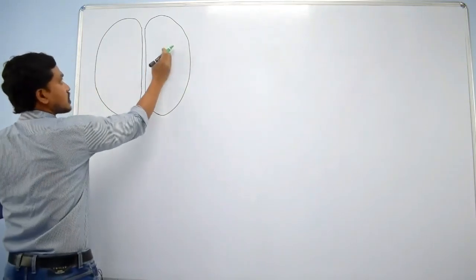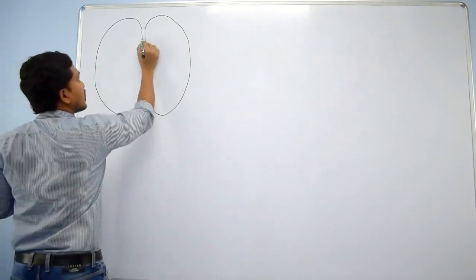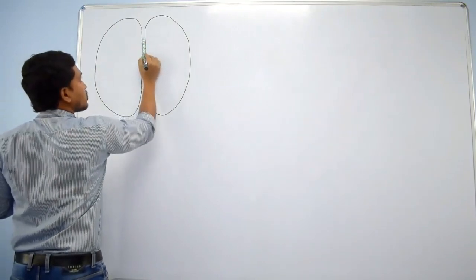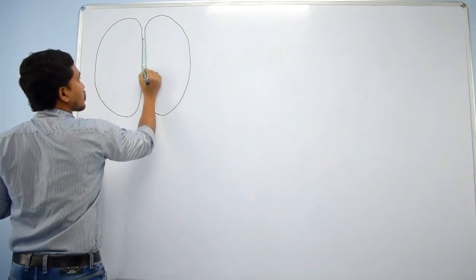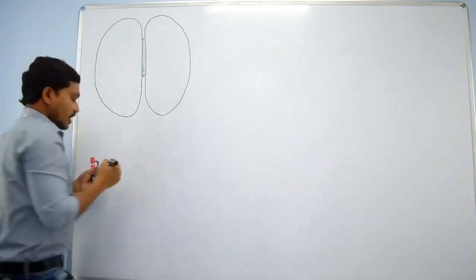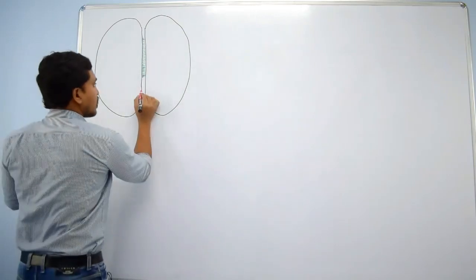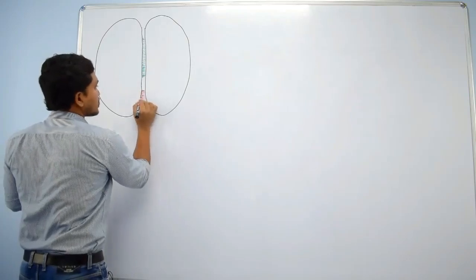Now this is one cerebral hemisphere and this is another cerebral hemisphere. These two cerebral hemispheres are connected by white matter. This white matter we call the corpus callosum. Right? Of course, behind you can draw. What is this?